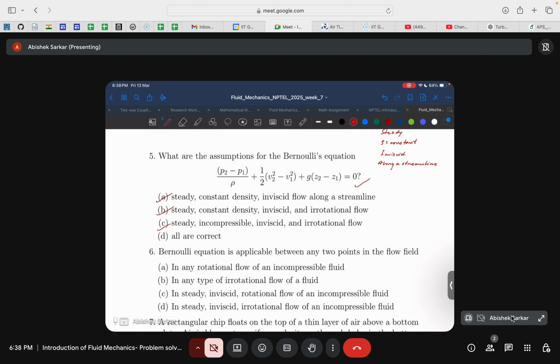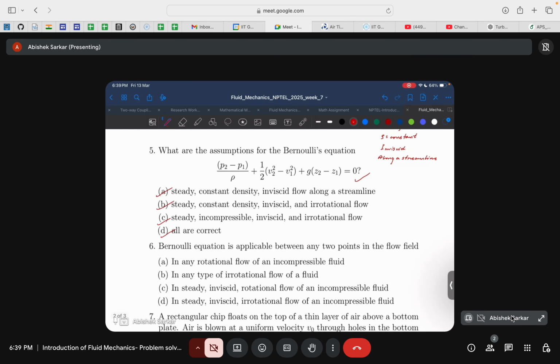So in that way, this option is also correct. In this case, you will see that all of the options are essentially correct. So option D is the correct option. Let us look into the next question then.